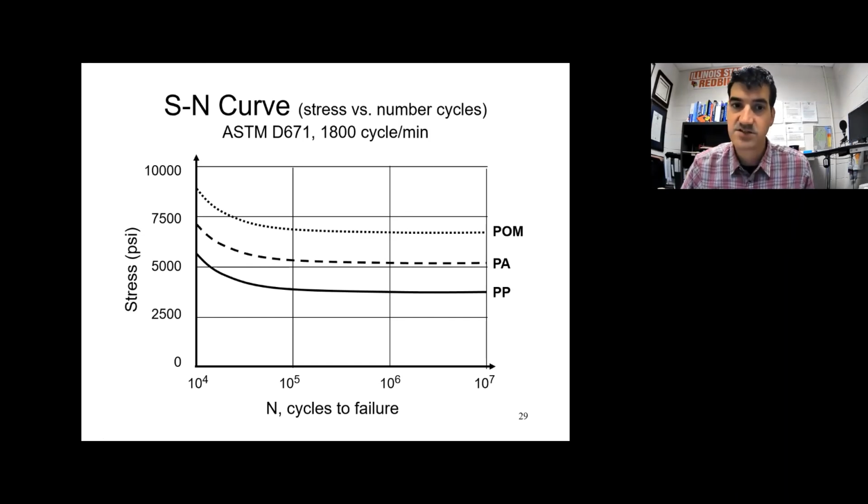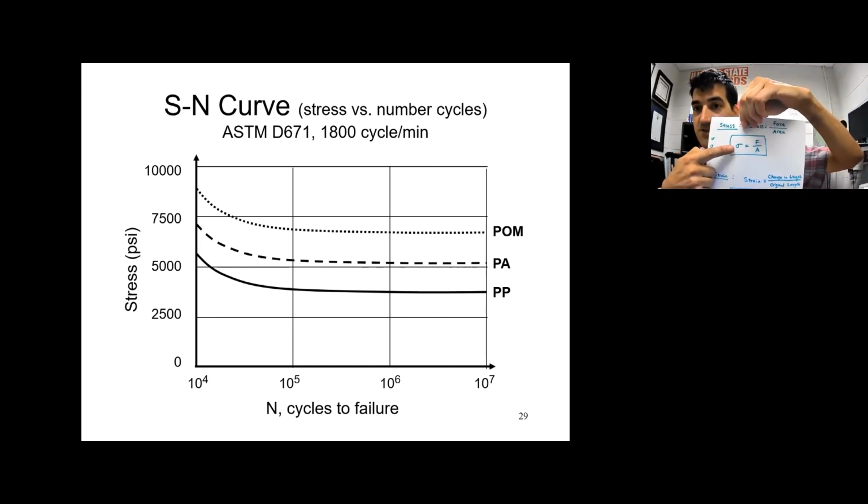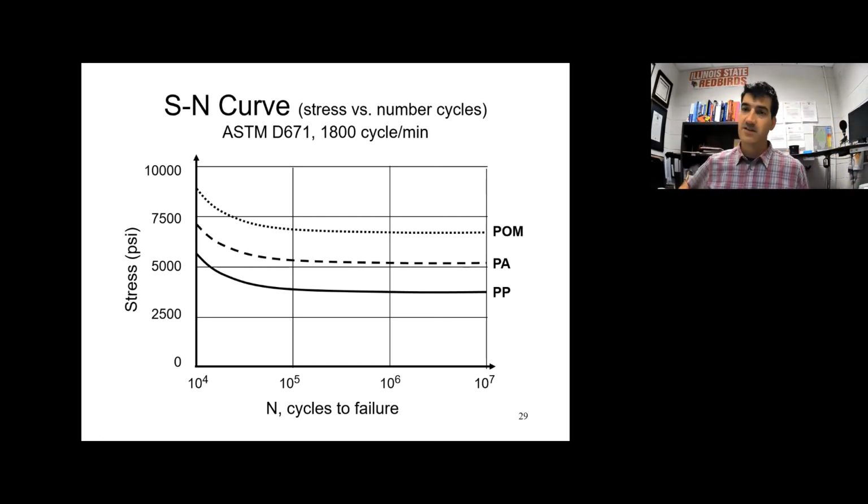So if you need to reduce the stress, then you either need to reduce the force that you're applying, think about this equation, or increase the cross-sectional area of the part. Either way, you will reduce your stress.